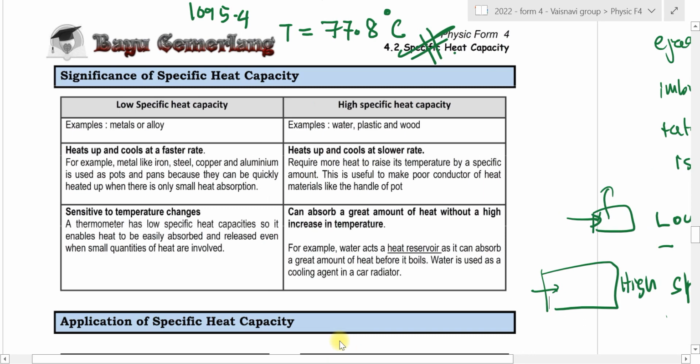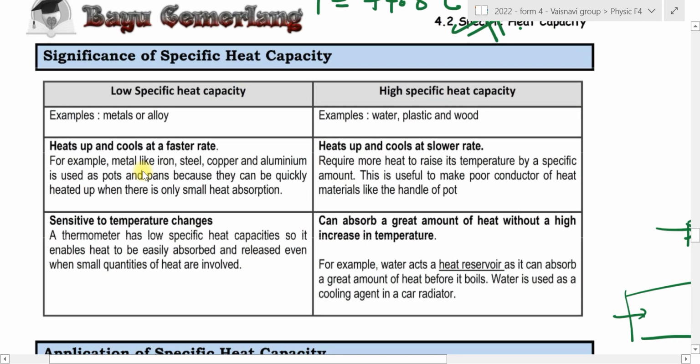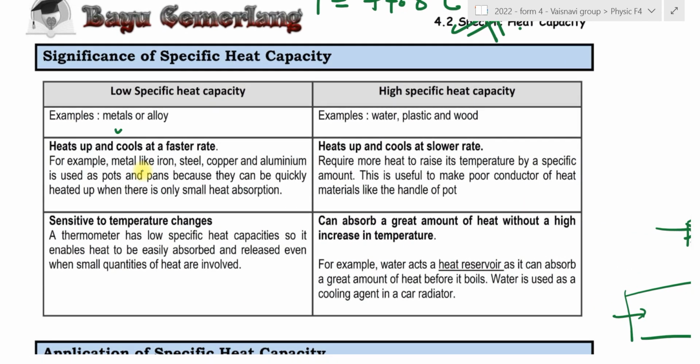Now, low specific heat capacity, for example, metals and alloys. Alloy ni it's like an improved version of the metal. You have not learned this yet, I think. You will learn this in your chemistry. Alloy macam copper saja kan.